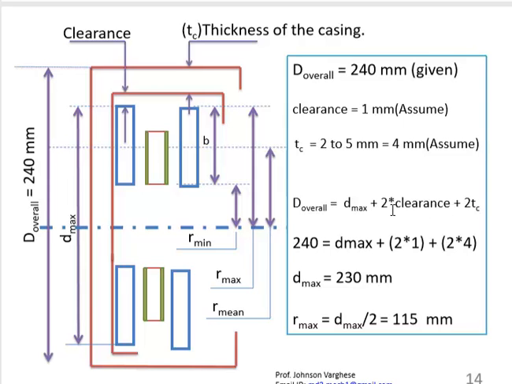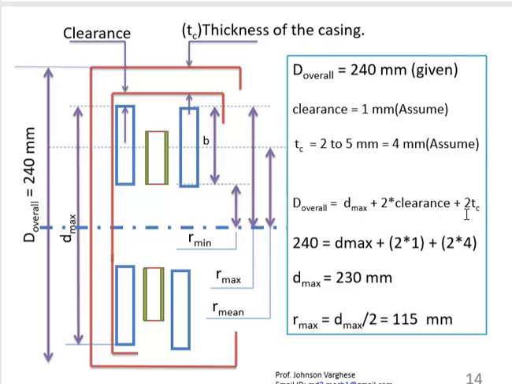We have taken 2 times the clearance because there will be clearance at the above and down part of the clutch box. Similarly, there will be casing thickness at the top and bottom of the clutch blocks. Therefore, we have taken 2 times clearance and 2 times casing thickness.